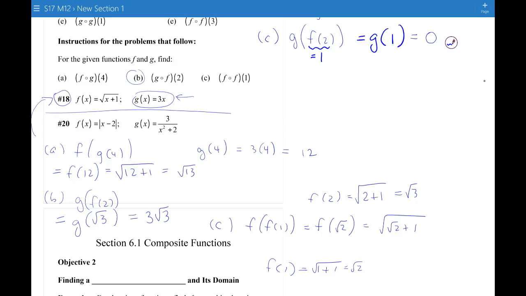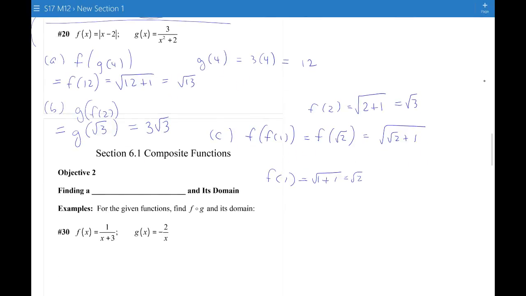Okay, so then the second objective is finding the domain of a composite function. So we're going to be finding a composite function. So we're going to be putting the function together first, and then finding its domain.